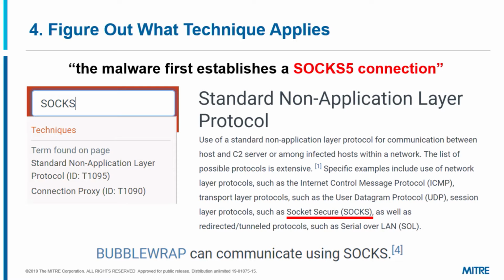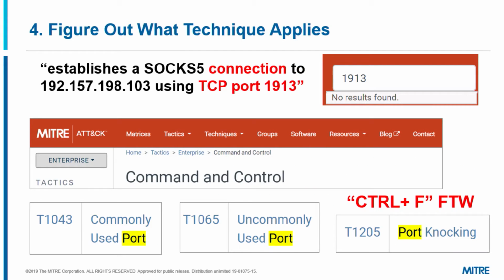So we see that in the technique description. We also see one of our software examples, Bubble Wrap, was previously seen communicating using SOCKS. So we have an idea, maybe SOCKS5 connections map to Standard Non-Application Layer Protocol. But we also thought that maybe there's a port technique that applies here, since we saw on the tactic page that there are techniques for both port and protocol.